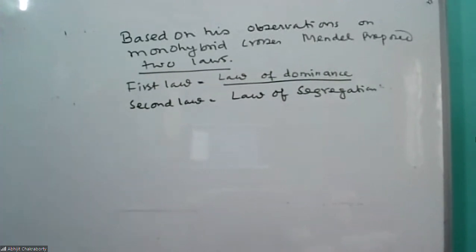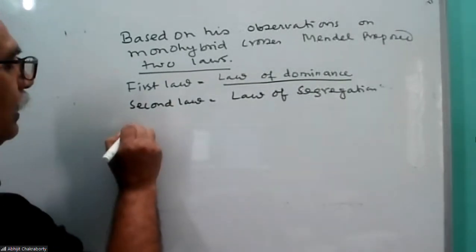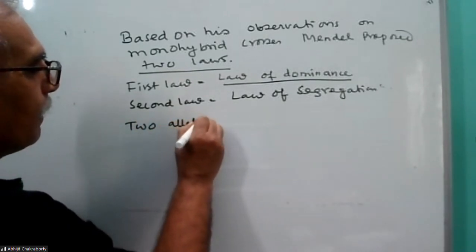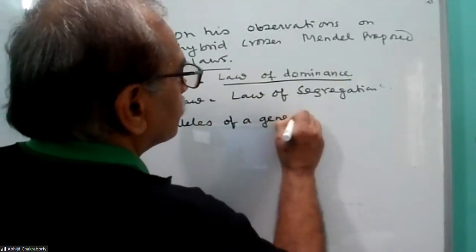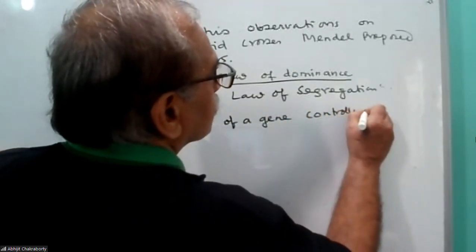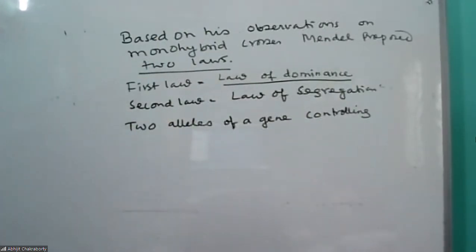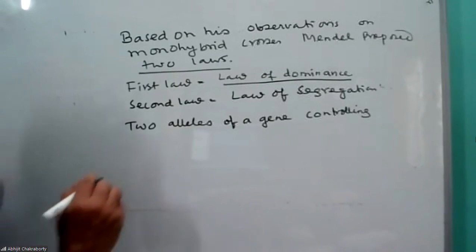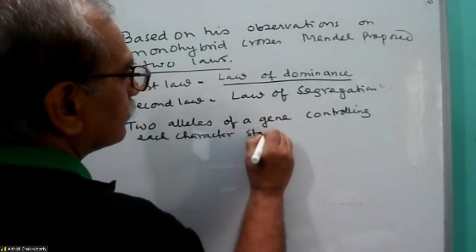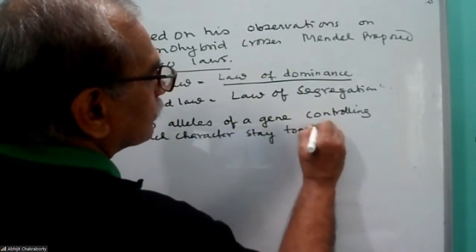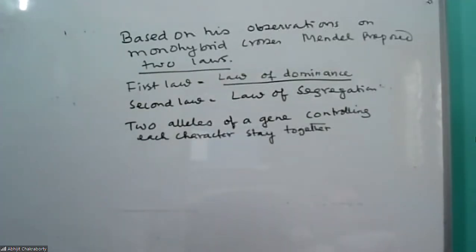In the law of segregation, the basic thing is that two alleles of a gene controlling each character stay together in the individual.